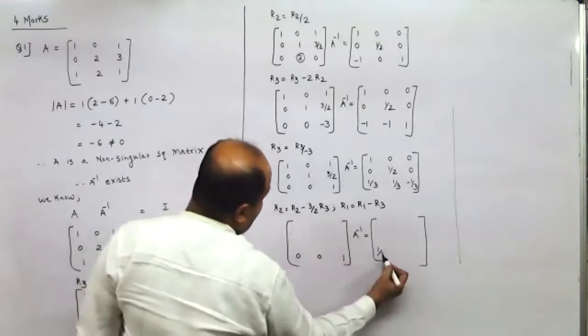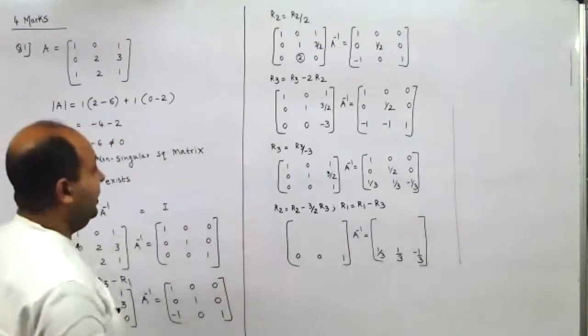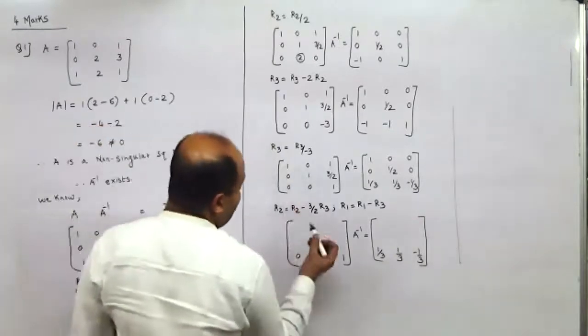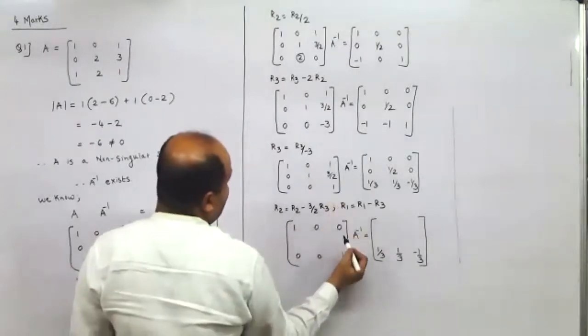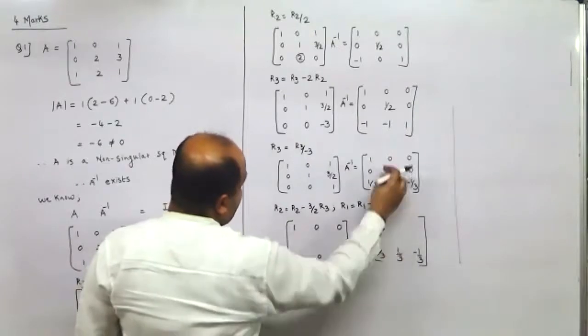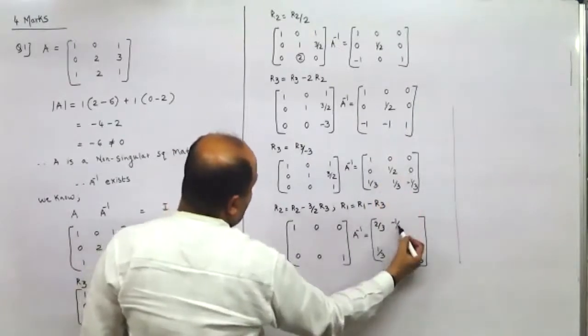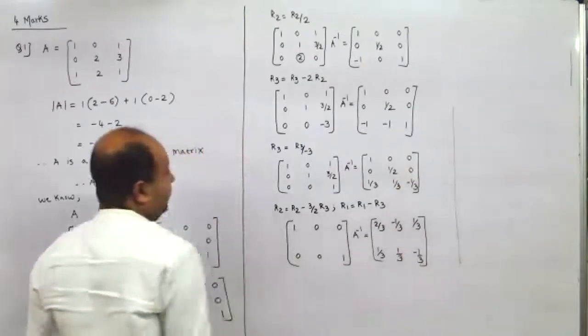This would be 1 by 3, 1 by 3, minus 1 by 3. Now R1 minus R3, 1 minus 0, 1. 0 minus 0, 0. 1 minus 1, 0. 1 minus 1 by 3, it is 2 by 3. 0 minus 1 by 3, minus 1 by 3. 0 plus 1 by 3, it is 1 by 3.